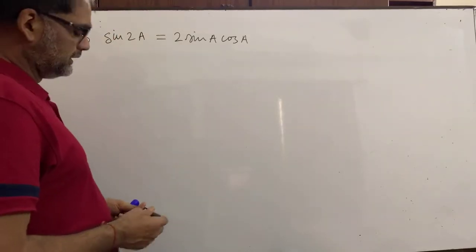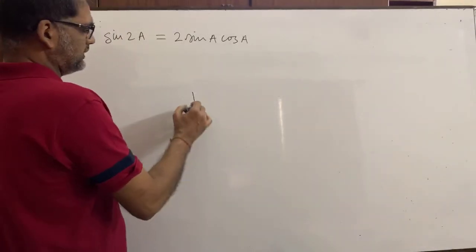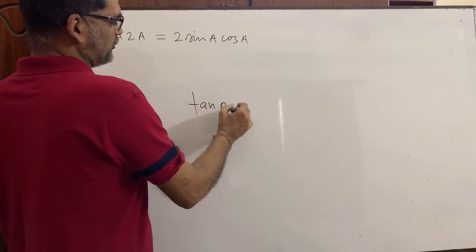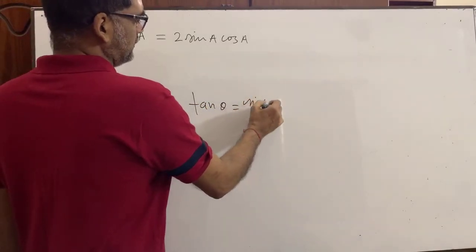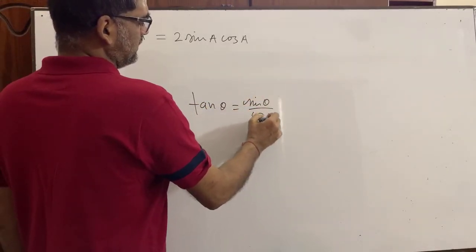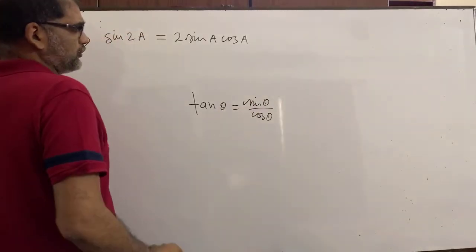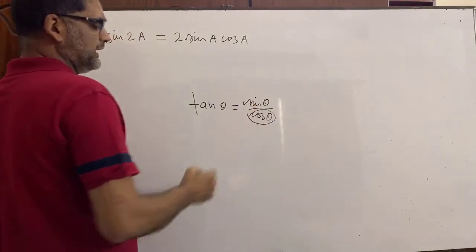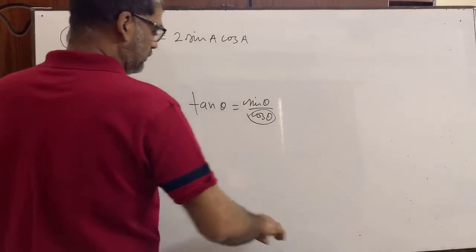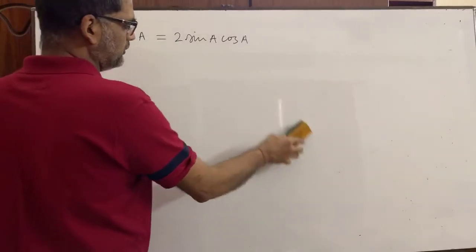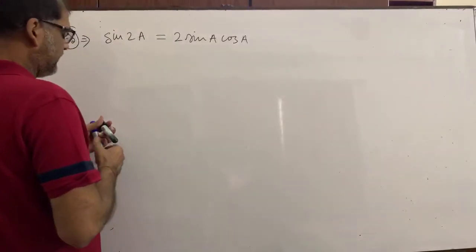Very good. Tangent means what? Normally tan theta equals to what? Sin theta by cos theta. So there is cos theta in the denominator. So what is to do, I have to divide.